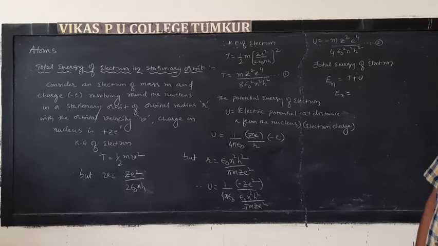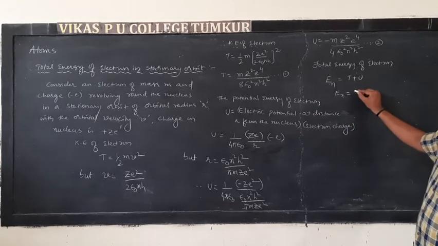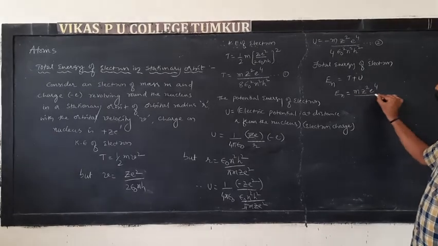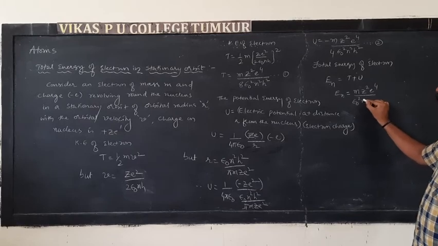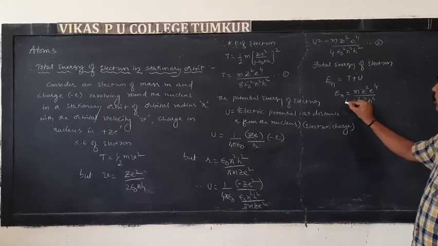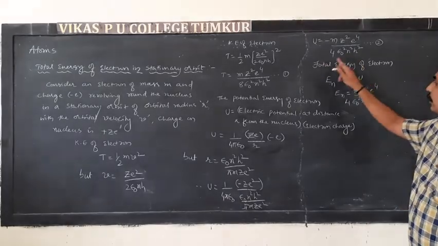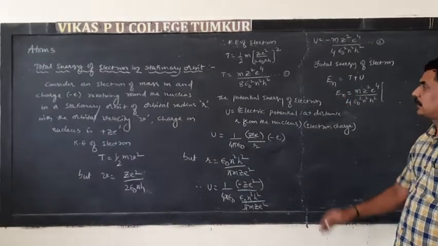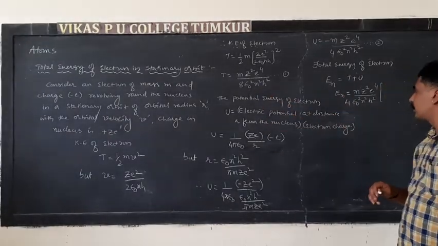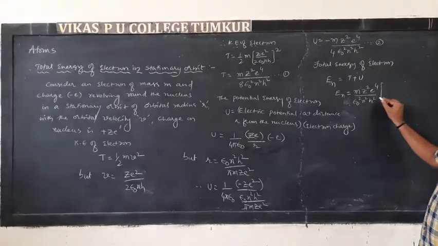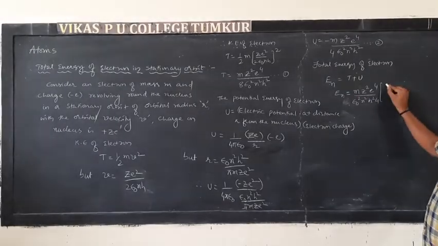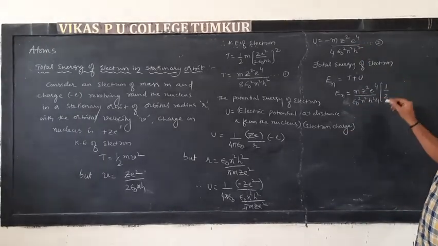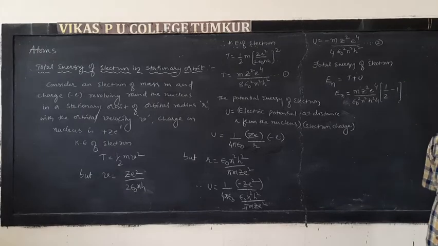While adding, I can take out many terms as common factors: m, Z squared, e power 4, epsilon naught squared, n squared and h squared. With the remaining factors, one has a half and the other gives minus 1.